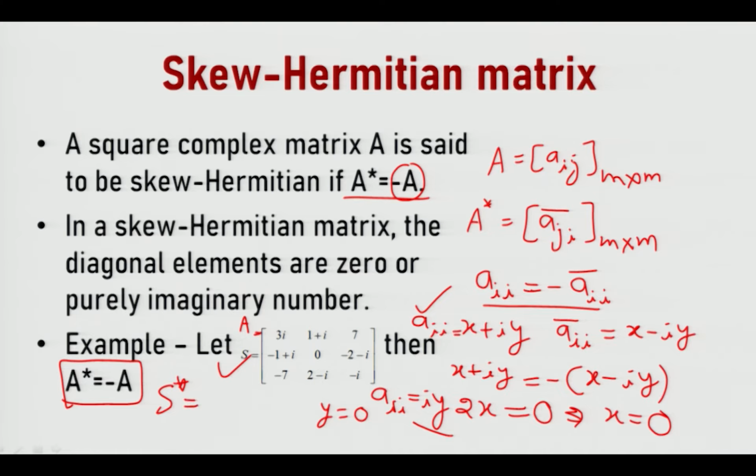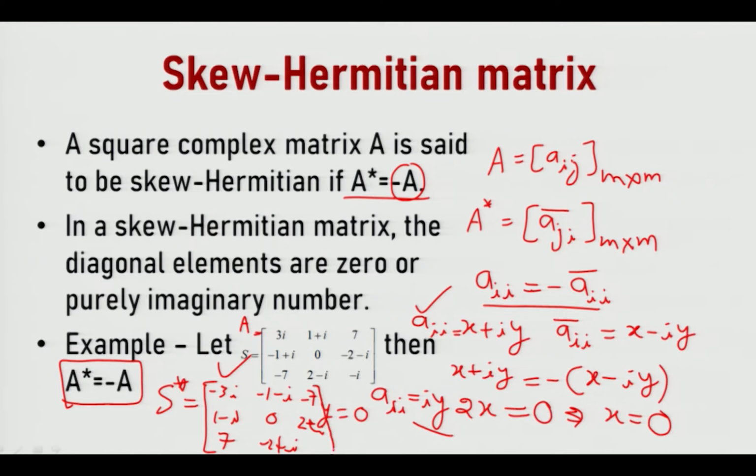S star will be, we first take the conjugate of each element, and at the same time we transpose this matrix. So see here, this will be minus 3 iota, and this will be 1 minus iota in the column, and this will be 7, and this will be minus 1 minus iota, and this is 0, and this is minus 2 plus iota, and in the last column minus 7, and this will be 2 plus iota.